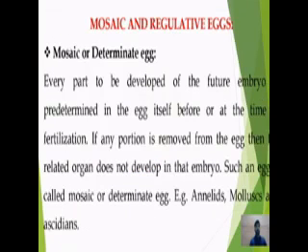Mosaic means that every part which will develop in the future embryo is predetermined. Before fertilization, each and every part of the egg has a predetermined origin of organs.